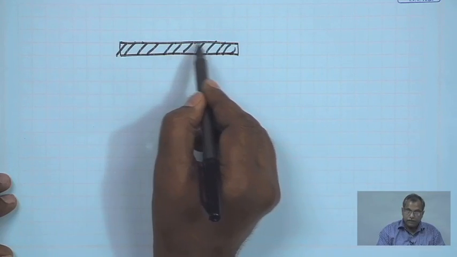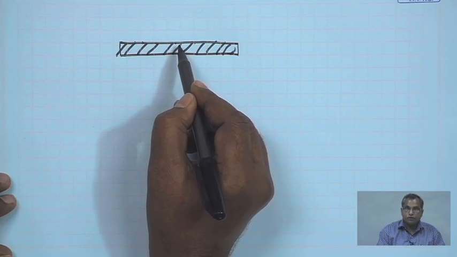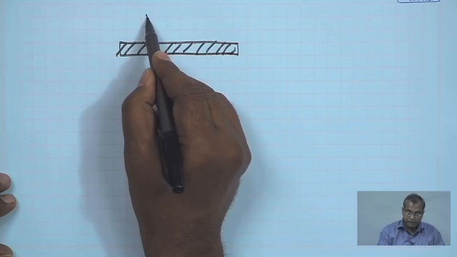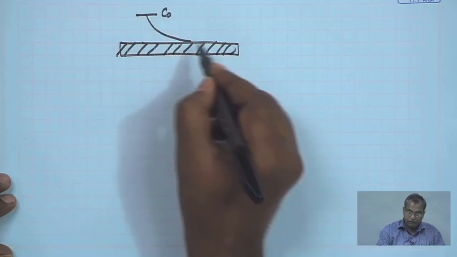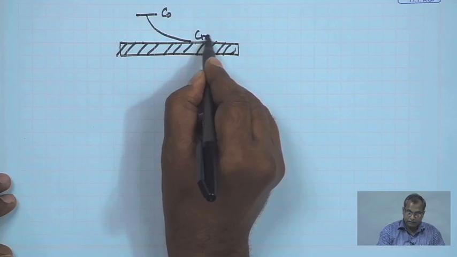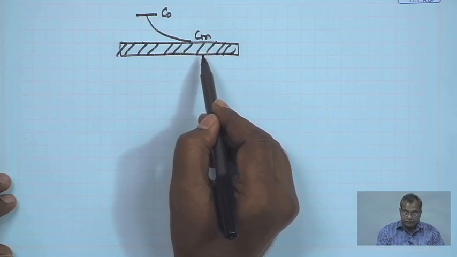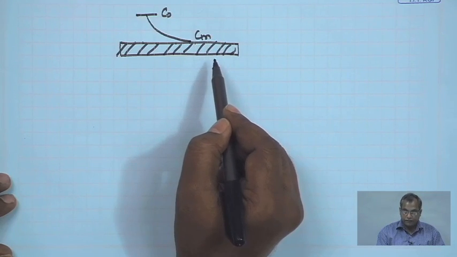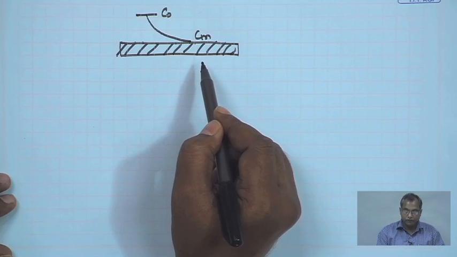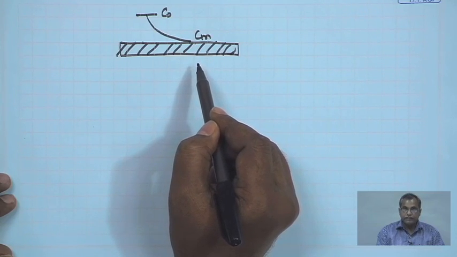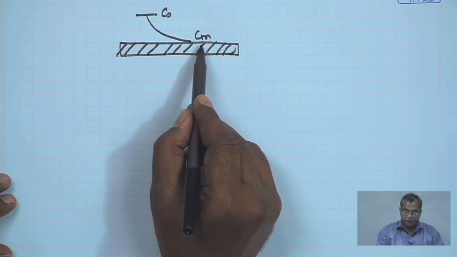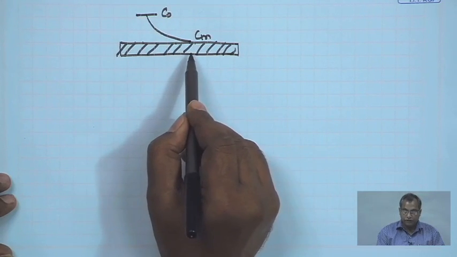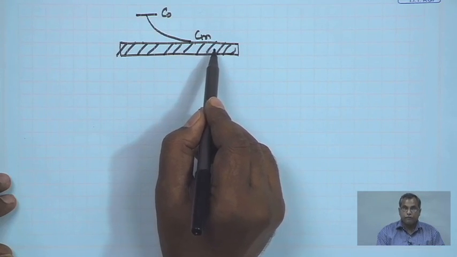There will be a gradient of solute concentration over the membrane surface, from the feed concentration C naught to the membrane surface concentration Cm. Since you are applying pressure in the system, the solutes will convect towards the membrane surface, and the concentration will be higher at the membrane surface compared to the bulk, because they are accumulating on the membrane surface.